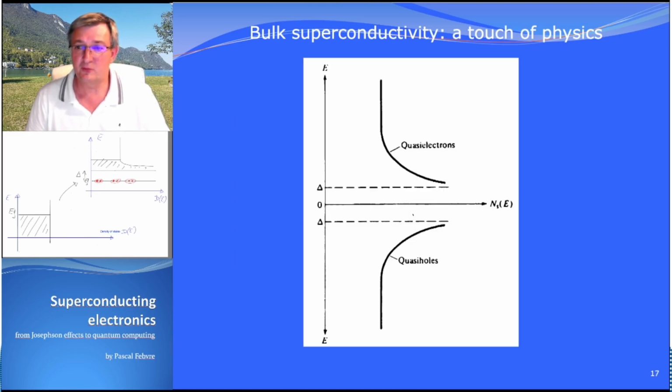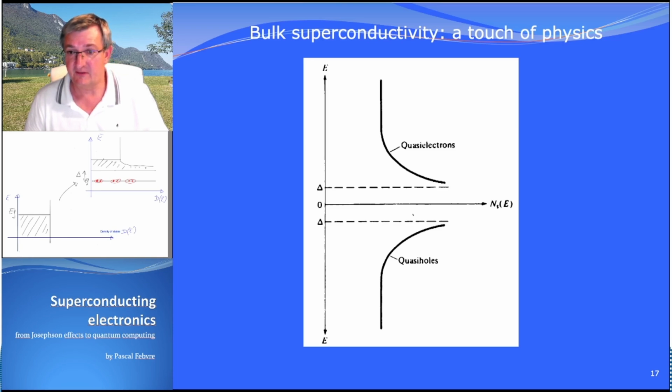The other way to represent it is to use the same diagram as in semiconductors, where you unfold this curve into 2 curves, with delta here and delta here, and you consider that this is a valence band and this is a conduction band.